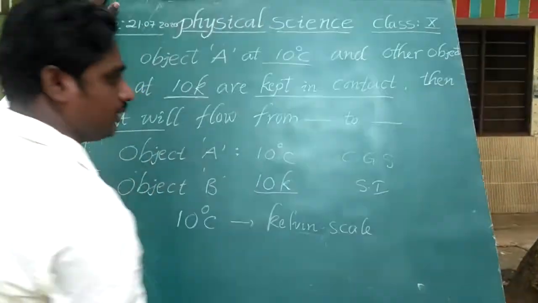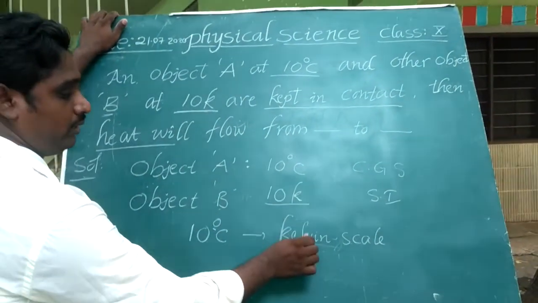How can you convert the degree Celsius scale into the Kelvin scale?